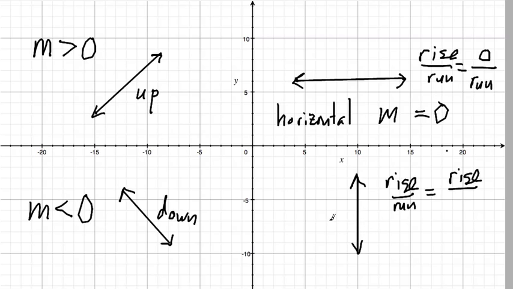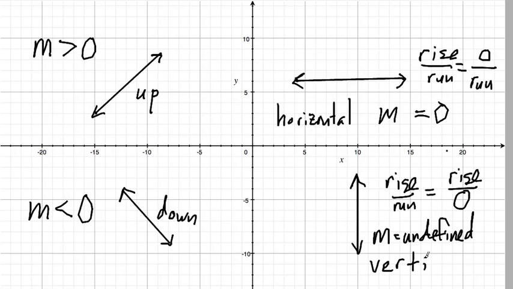But my run, x doesn't change. I'm not moving left or right. I'm just going straight up and down. So my run is necessarily 0. I can't divide by 0. So what we have is that the slope for a vertical line is, we'll say it's undefined, because dividing by 0 is undefined. It simply does not make sense.